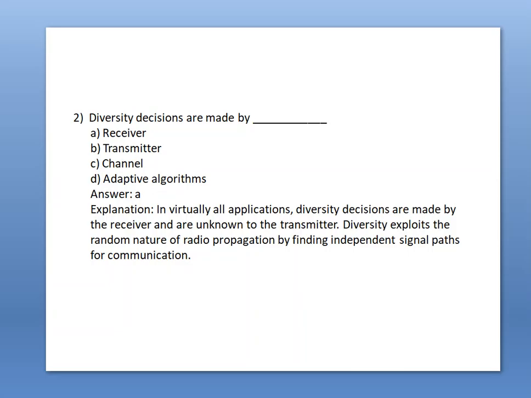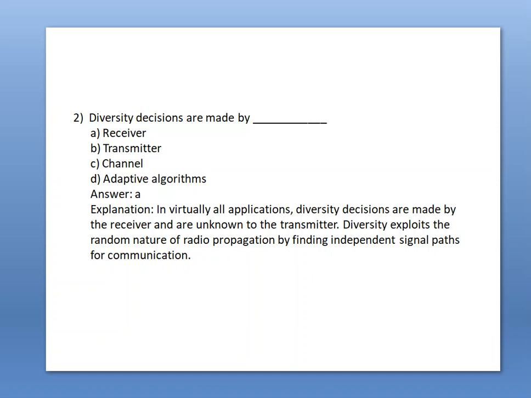Diversity exploits the random nature of radio propagation by finding independent signal paths for communication. Yes, diversity decisions are completely made by the receivers. It does not relate to the transmitters, channels, or which type of algorithm we are supposed to use.